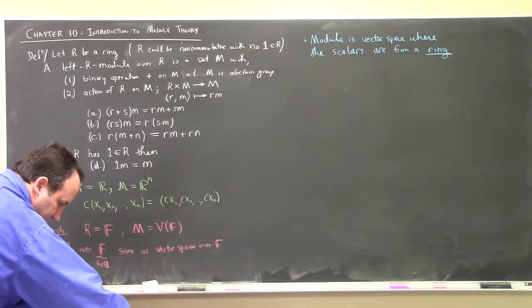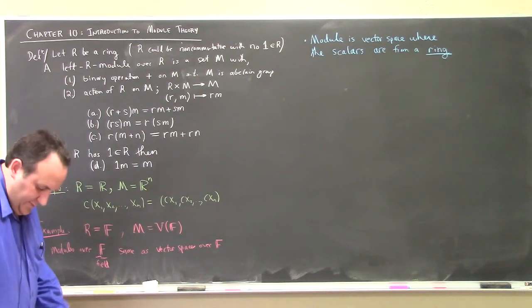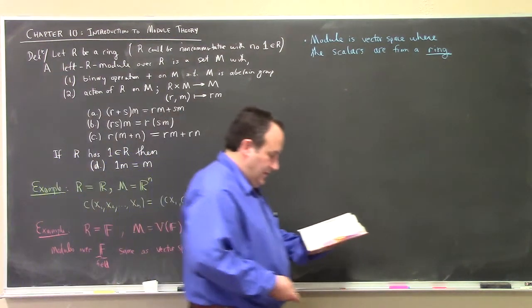Definition. Let R be a ring and M an R module.